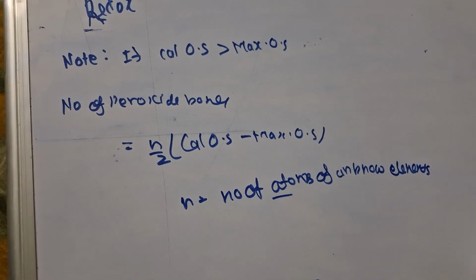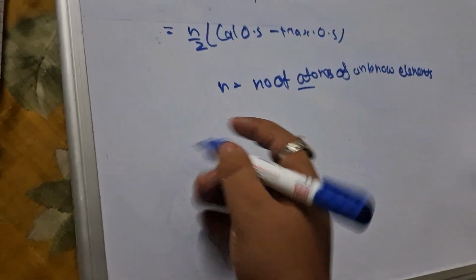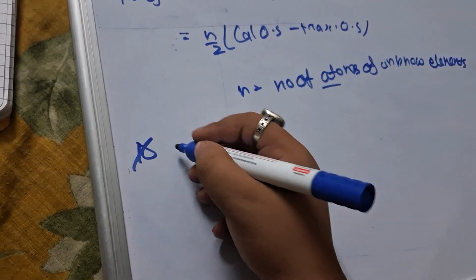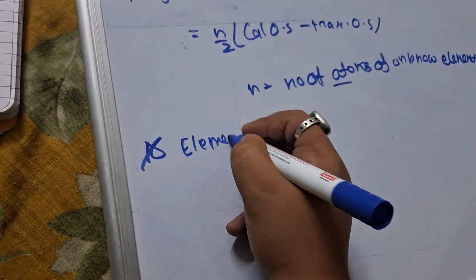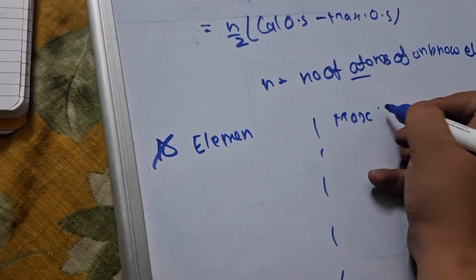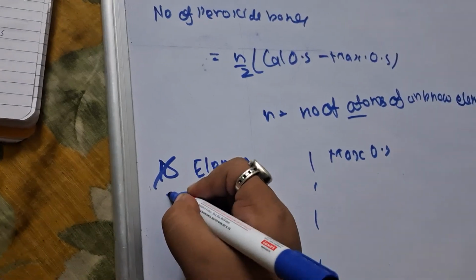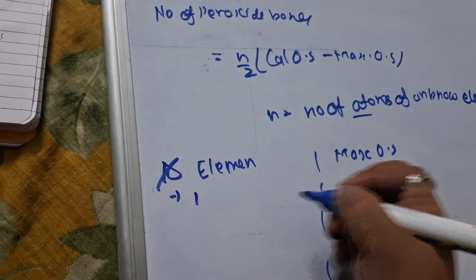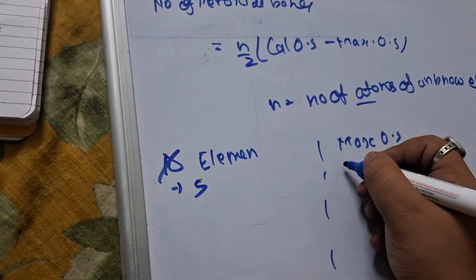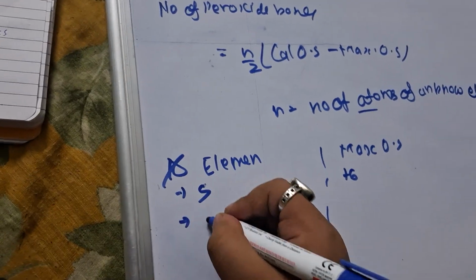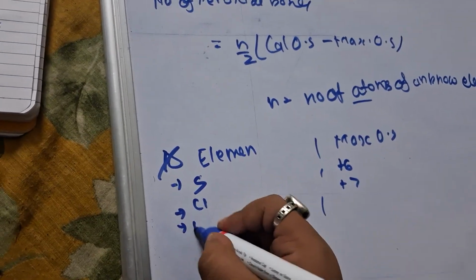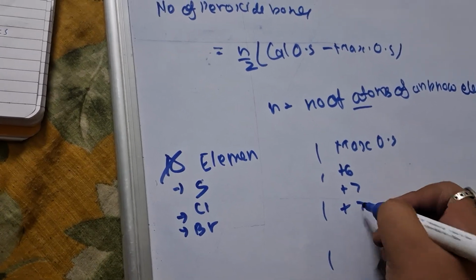Now let me give you some elements and their maximum oxidation state. You should learn this up. Element, max OS. Sulfur, which is +6. Chlorine +7. Bromine +7.